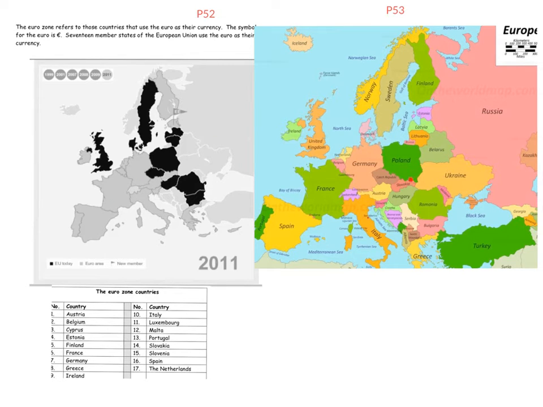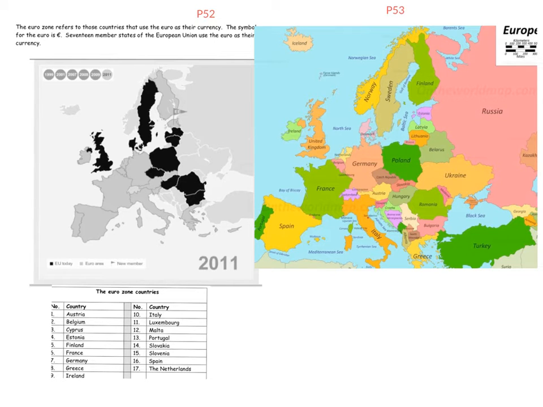Okay, so if you look at this map, it's easy to trace, and it's really easy to match these countries. Let's say we can find France in here, Poland in here, Norway here, and so on. So just try to mark these numbers on the map in your book.